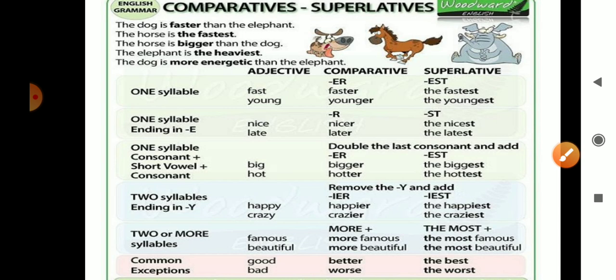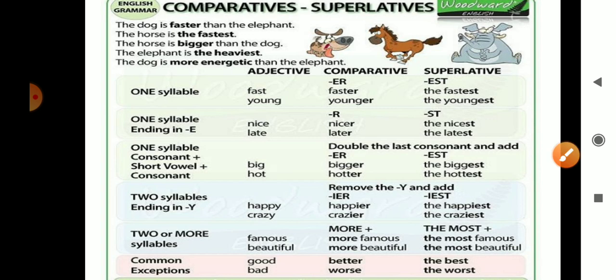Next, the horse is the fastest amongst all the animals, or amongst the domestic animals, we can say. What is the form of this sentence? It is a superlative degree because of the word fastest.